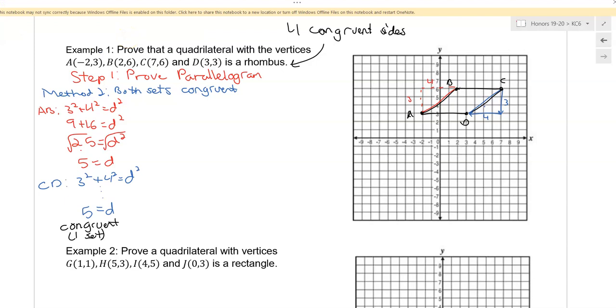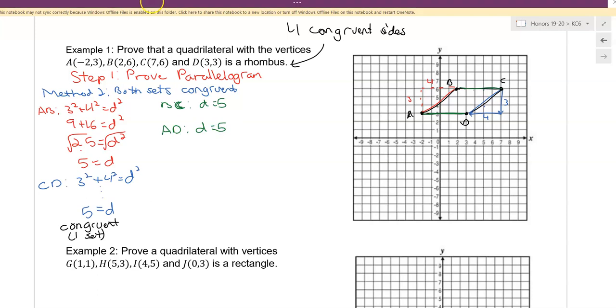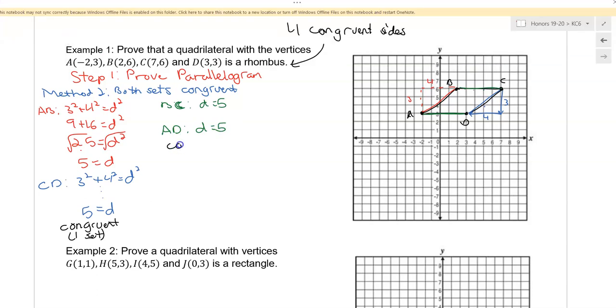The other ones are easier. The distance between B and C, done. I can count it, right? 1, 2, 3, 4, 5. Same thing with my distance from A to D. So these are congruent. That's my second set. So I can say, yes, this is a parallelogram. Done. Now I just also have to say, oh wait, are these all congruent? 5, 5, 5, 5.